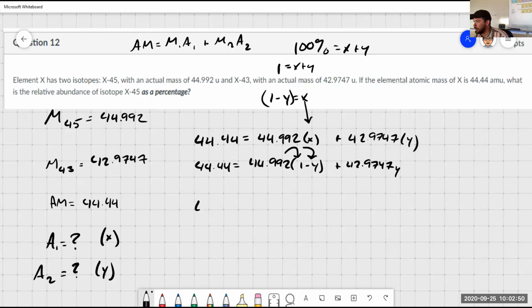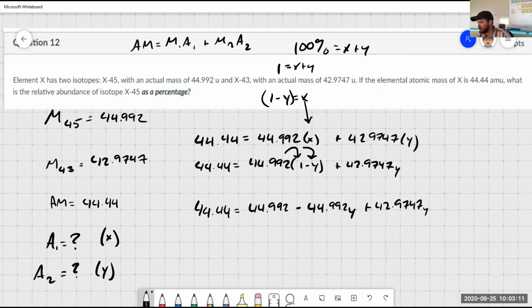So we have 44.44 equals 44.992 minus 44.992Y plus 42.9747Y. Let's add those two Y values together.